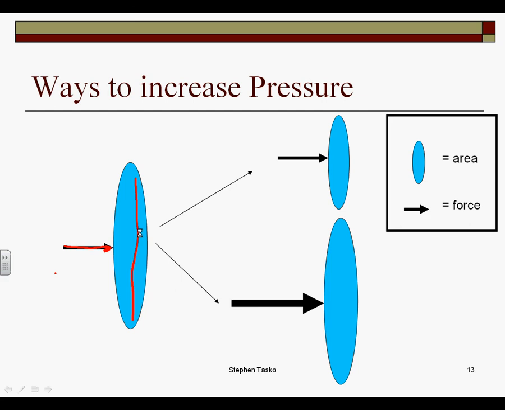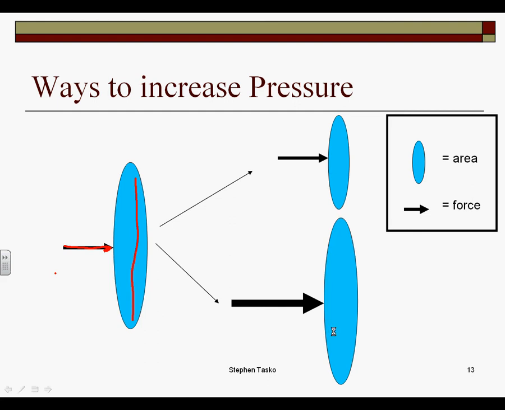Now let's say that we change one of the parameters of the equation. If we apply the same force but to a smaller area, the denominator is going to get smaller, and therefore the value of pressure is going to get larger. So if you apply the same force over a smaller area, you're going to be applying a greater pressure to the system.